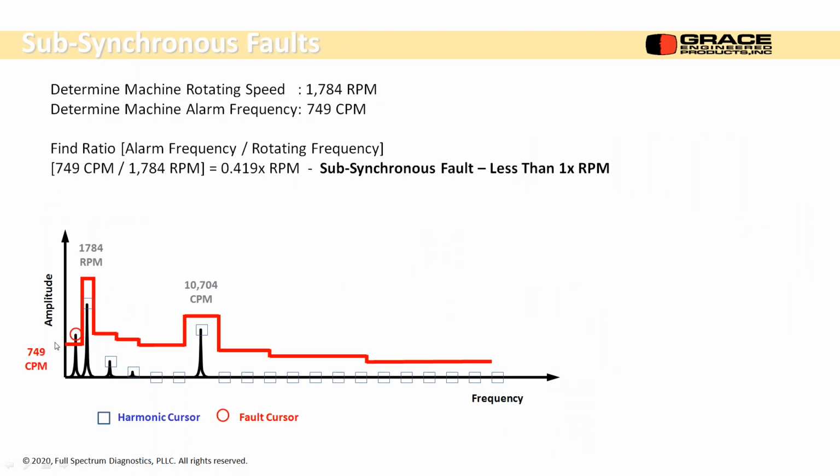Here's my example. I have a peak at 749 CPM. I have a peak at 1 times RPM, 1784, and I divide those two, I get 0.419 times running speed, so subsynchronous. Okay, and you can see on the graphic, obviously it's below running speed.